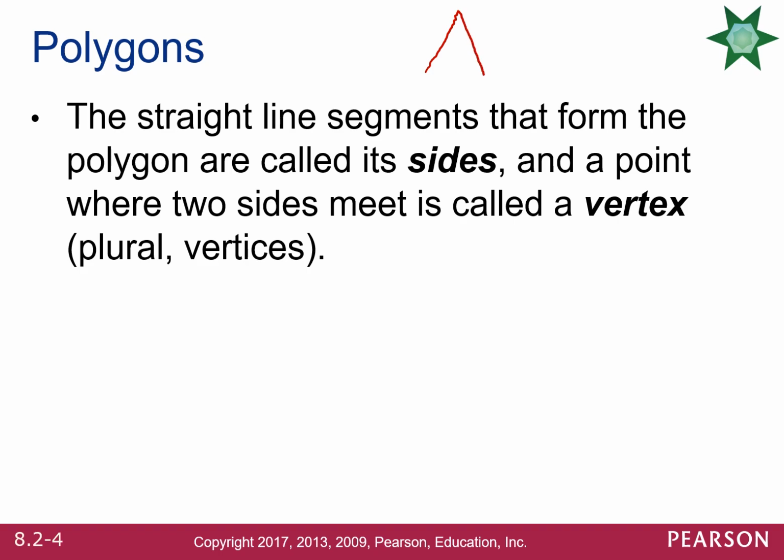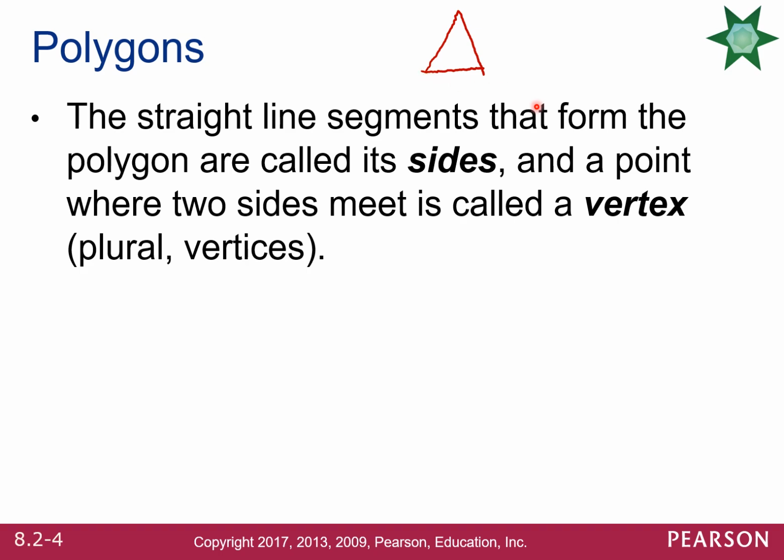So each of these straight lines that meet at a point called vertex, each of these lines are called sides, and the meeting point between two lines is called a vertex.